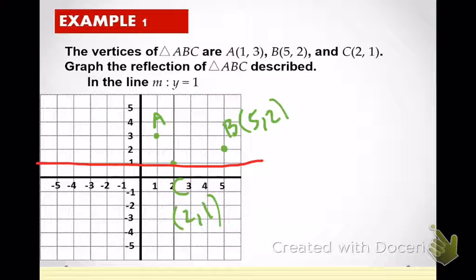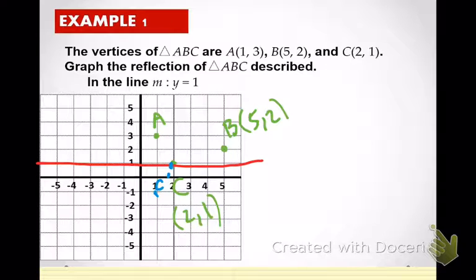Okay? And if we're going to reflect across that line, for this horizontal line, if the point is on the line, it's going to stay there. All right, we'll do that in blue. It stays. So this is going to also be C prime. For your other points, you just count, right? If A is 2 from this line this way, then it's going to be down 2 the other way.